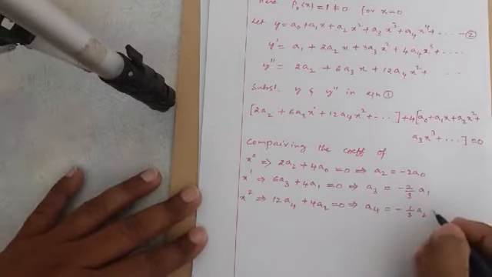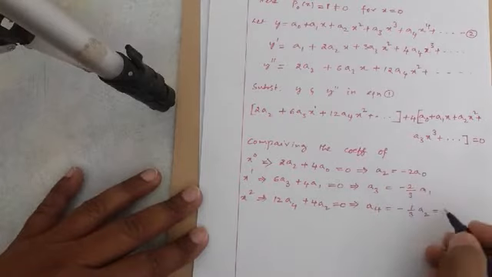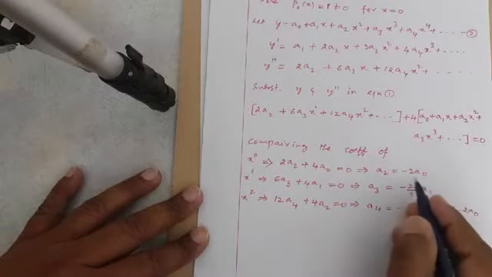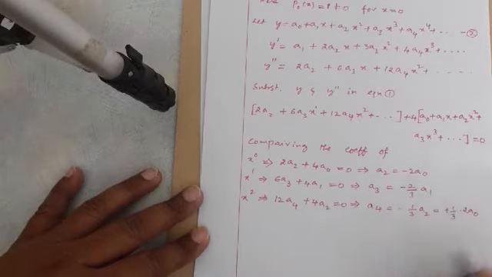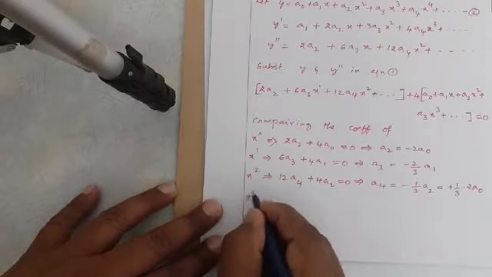Now a2 is equal to -2a0, so I can write this as -1/3 into -2a0. In the place of a2 I am writing -2a0. Minus of minus is plus, so I make plus.